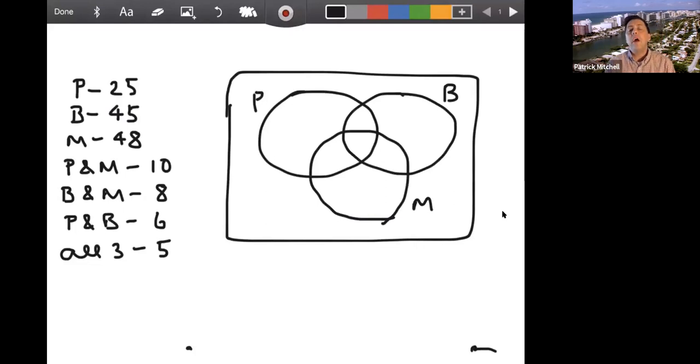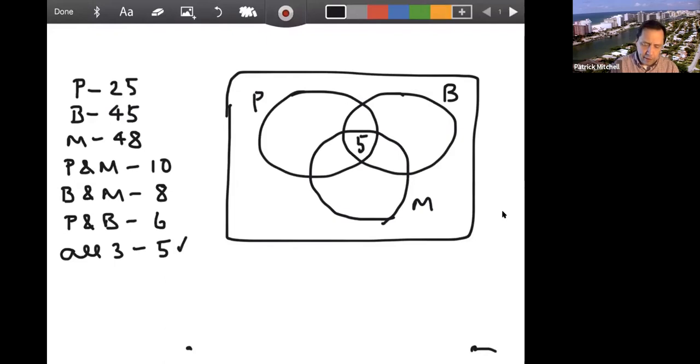Okay, so with a problem like this, you really want to start in the middle, start with the intersection of all 3 sets, and then work your way out. So notice it says that 5 students took all 3 courses. So I know that means that those 5 have to go right here, okay? Now I'm gonna work my way over to these 2-way intersections.